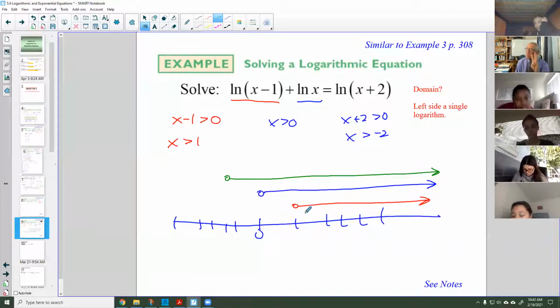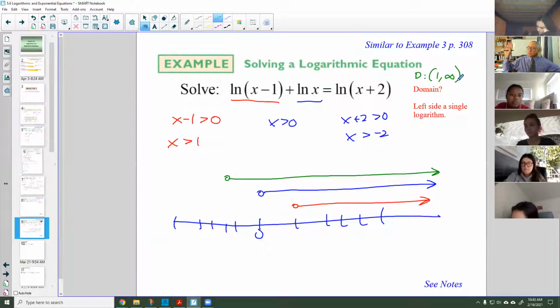It has to work for all 3. So anything greater than 1 is going to work for all 3. So my domain here is 1 to infinity. Anything less than 1, not going to work. We okay with that?